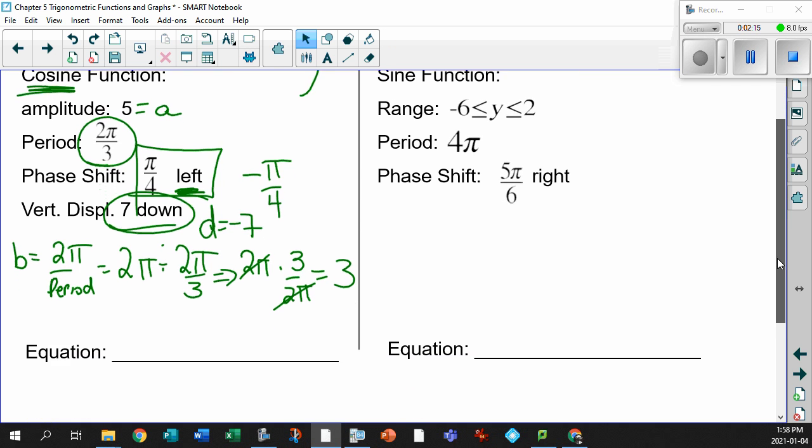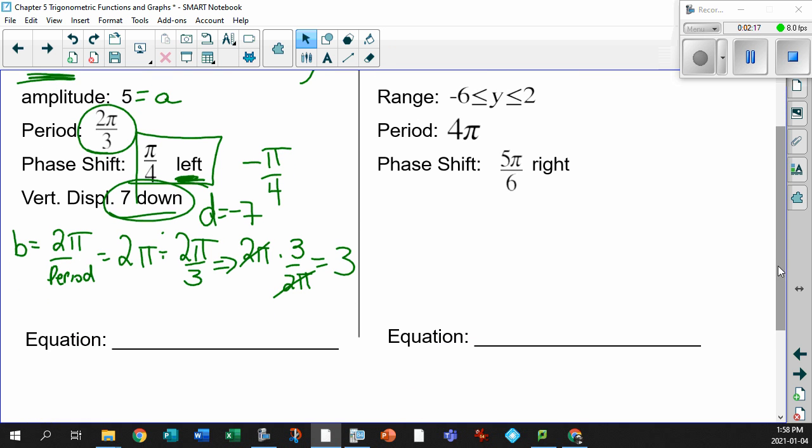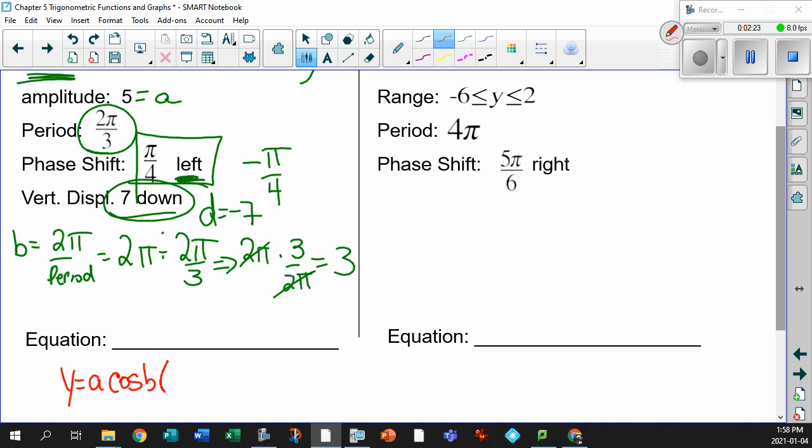So let's do so. Our cosine function, if you remember, is y equals A cos B bracket x minus c plus d. Very, very important to remember that, okay? All right, so our A value, well, it was 5. So this is going to be 5 cos bracket.